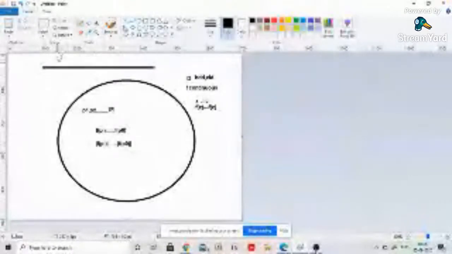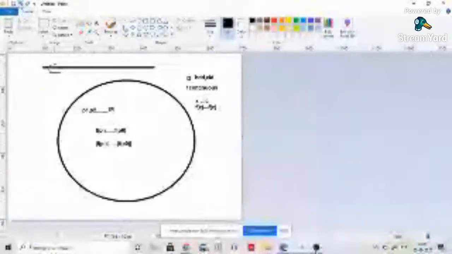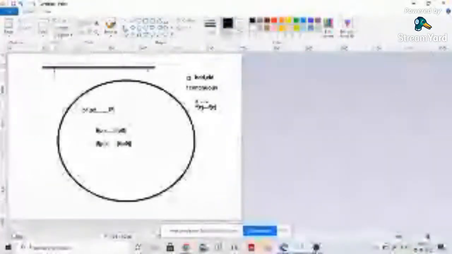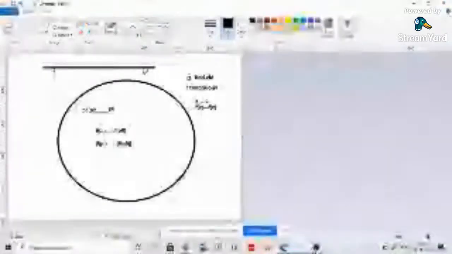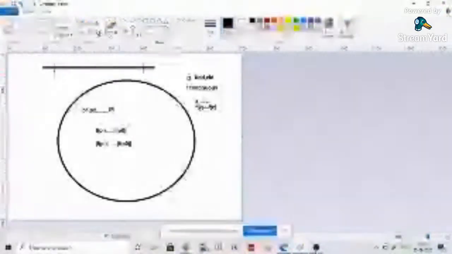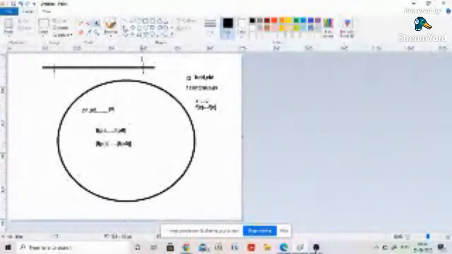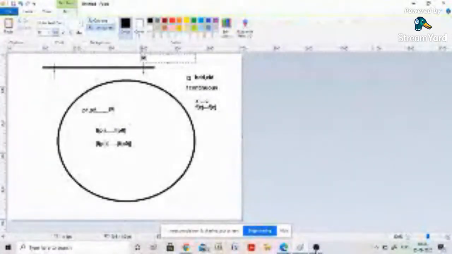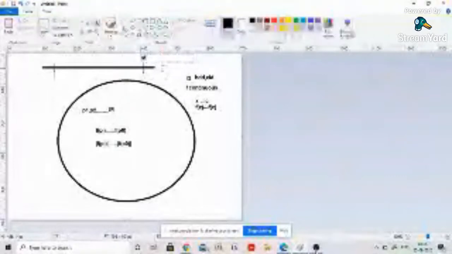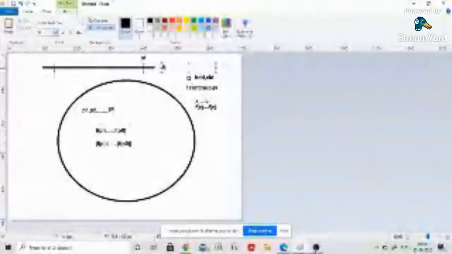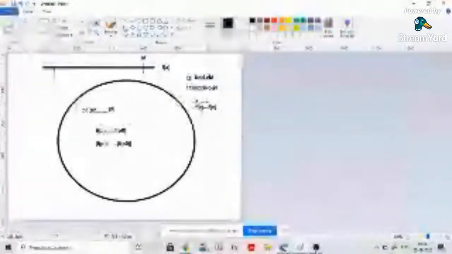Suppose this is the set. What is a supremum? Supremum will be this point. This line shows f of x values, in the univariate case.